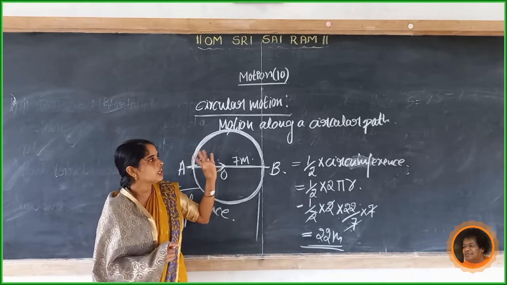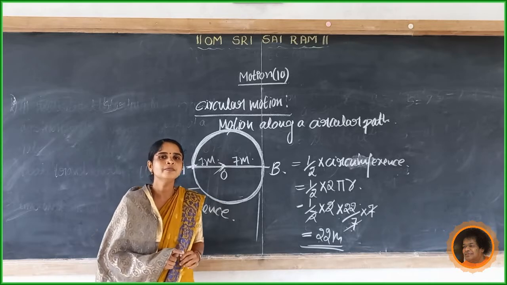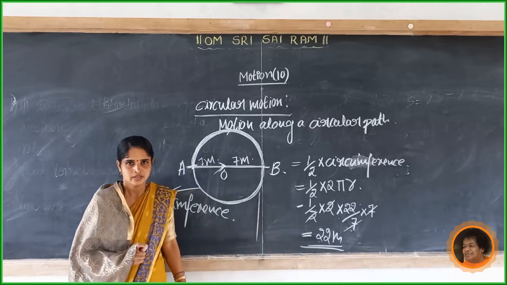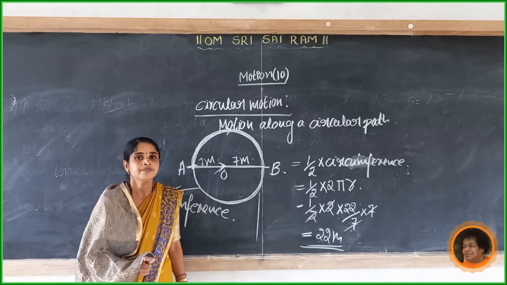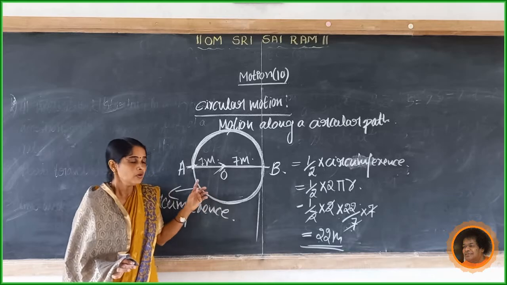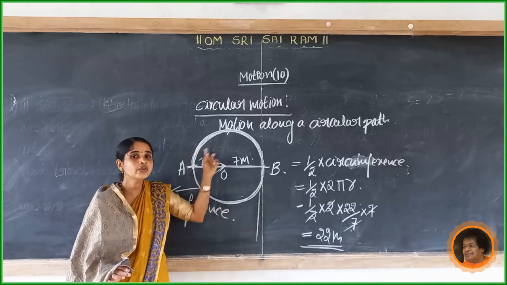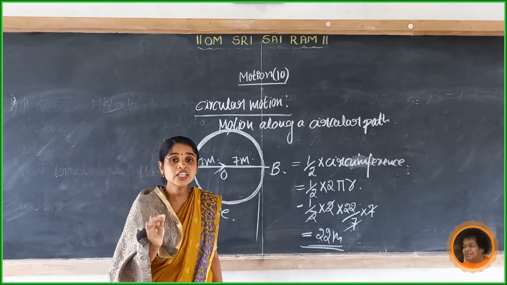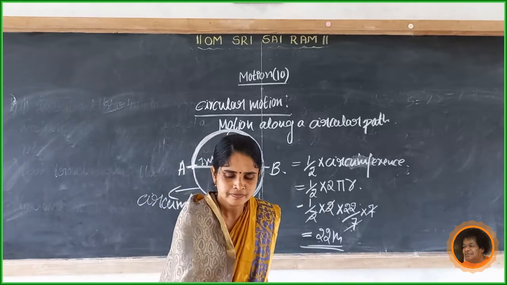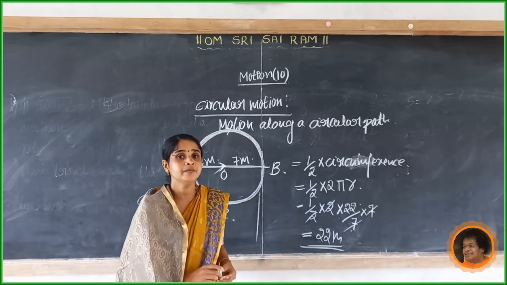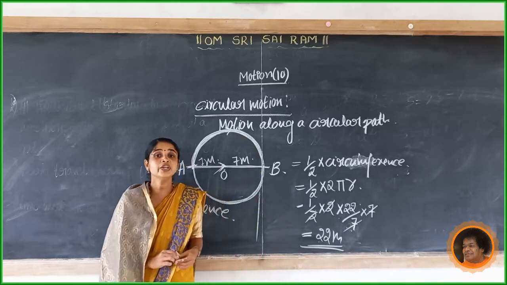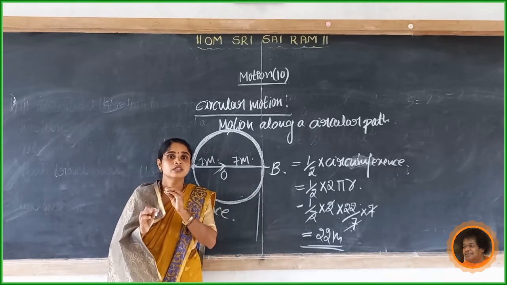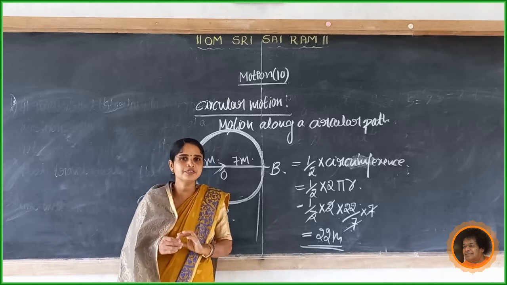So, motion along a circular path is called circular motion. If an object moves along this circular path with constant speed, what is meant by speed? Distance traveled in unit time is called speed. That means it covers equal distances in equal intervals of time.